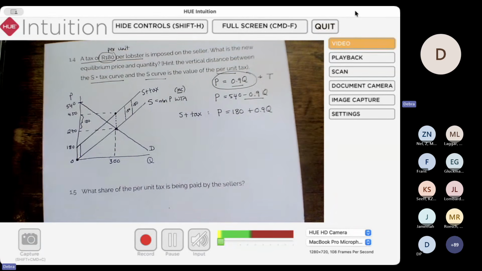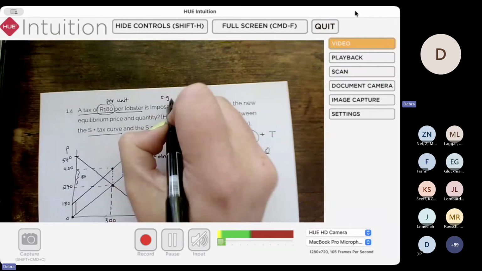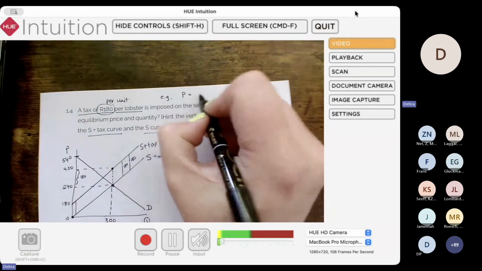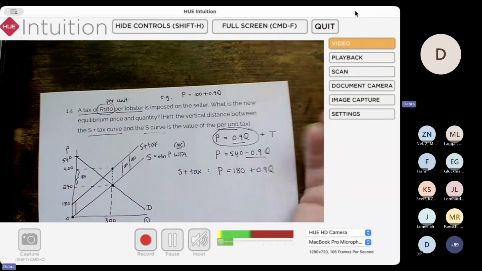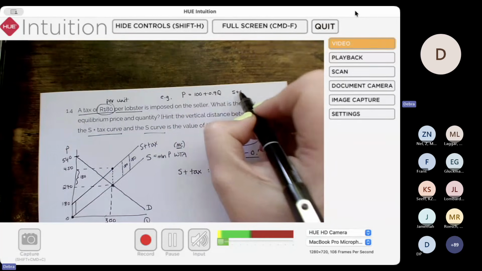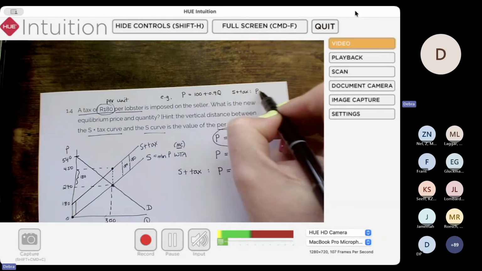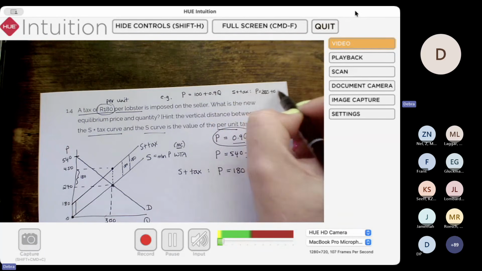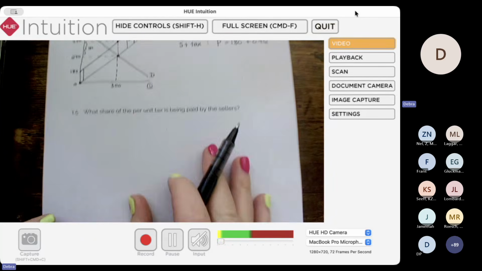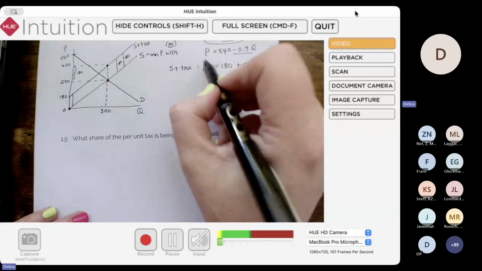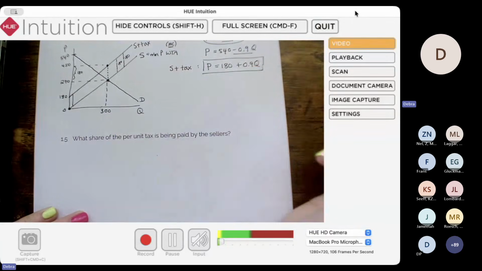If my supply curve had had some positive intercept, let's say 100 plus 0.9Q, then the supply plus tax would have been price equals 280 plus 0.9Q. So I'm just shifting my intercept up by that per unit tax. Okay, so this is now my supply plus tax curve.